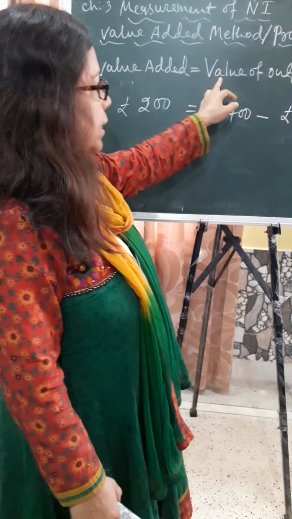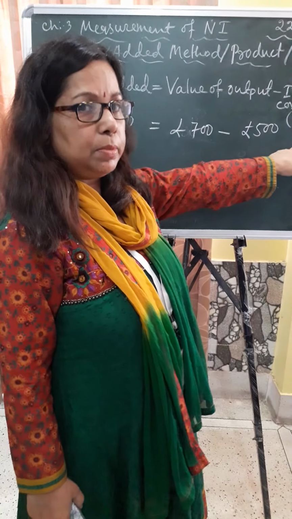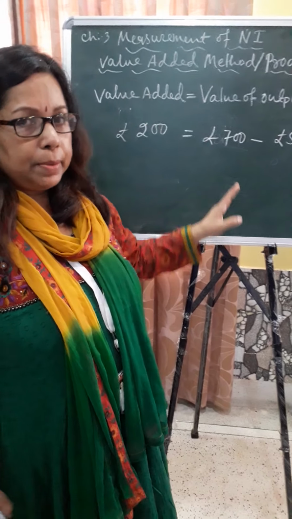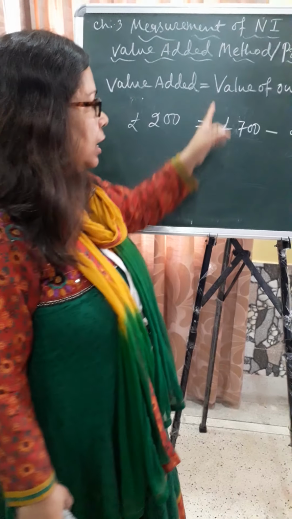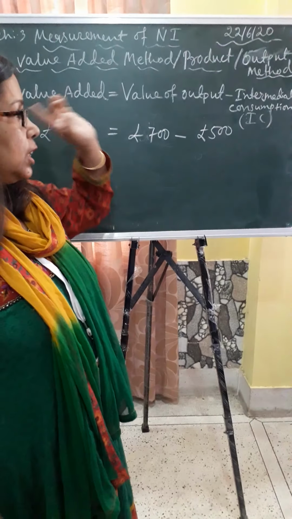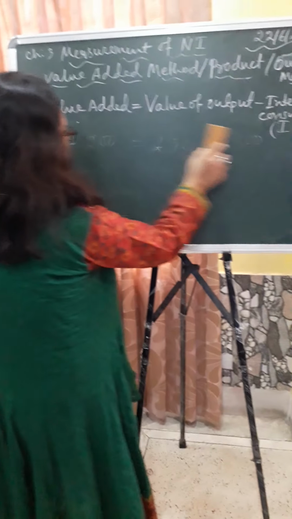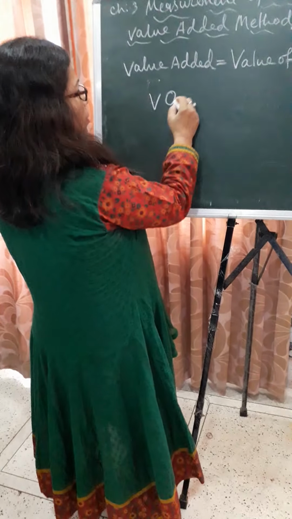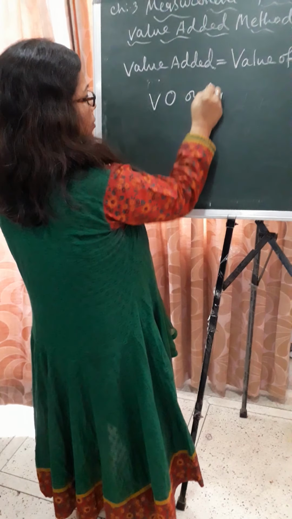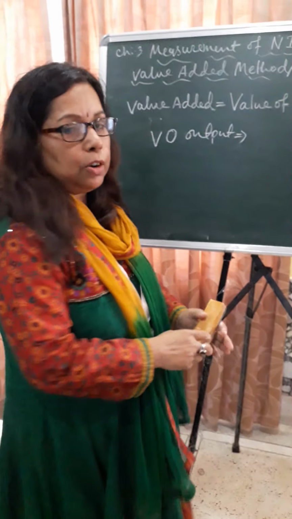Now what is value of output and intermediate consumption? Intermediate consumption means the expenditure on the raw material, so it is known as intermediate consumption or IC. Now value of output, you have to keep in mind how to calculate it.